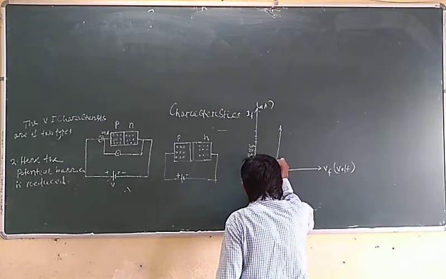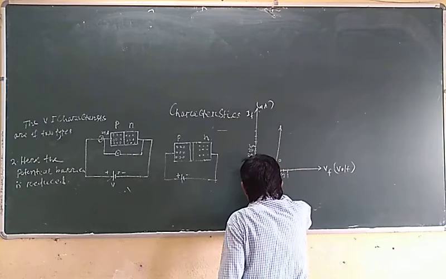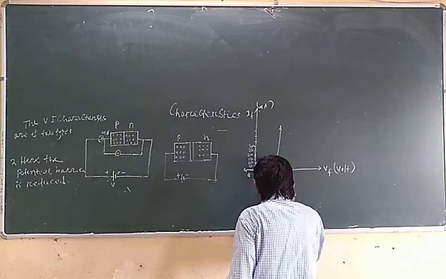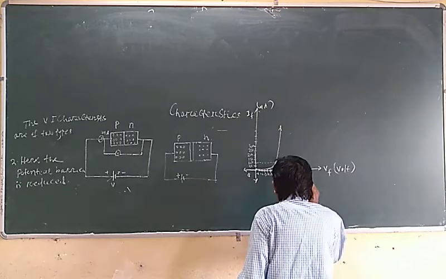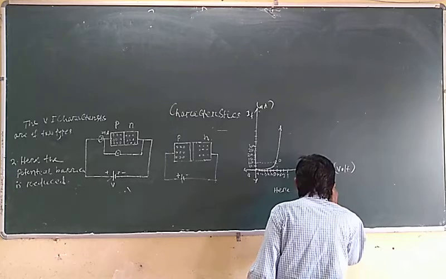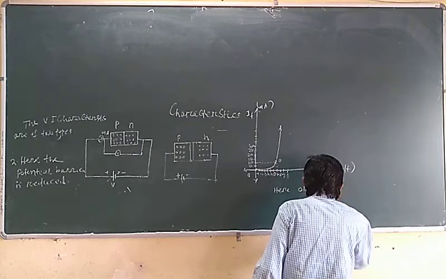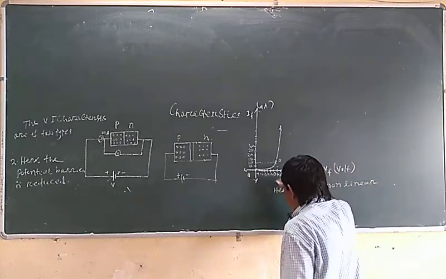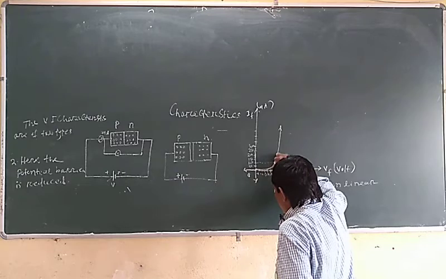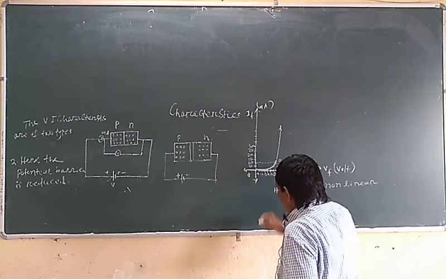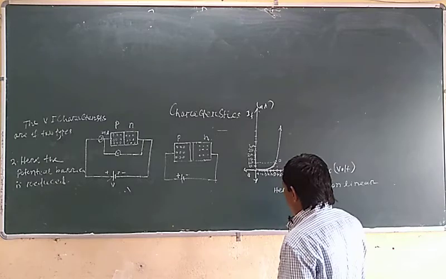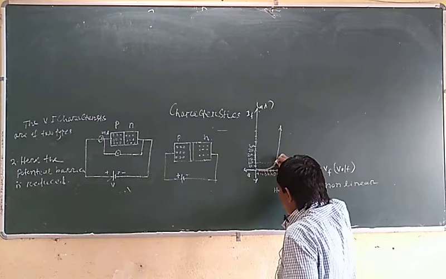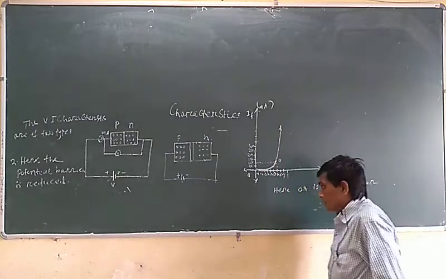Suppose this point we name O. This OA is non-linear, because this is a curved line. This is not linear. After 0.7, the current starts to flow rapidly, an excess current.